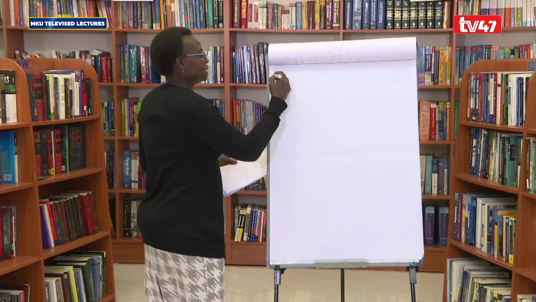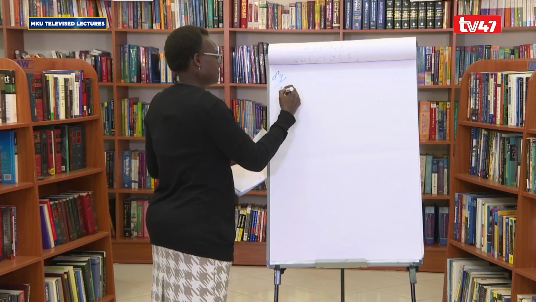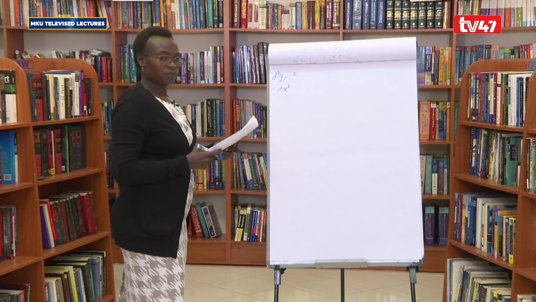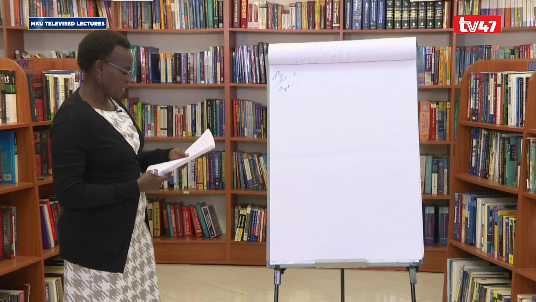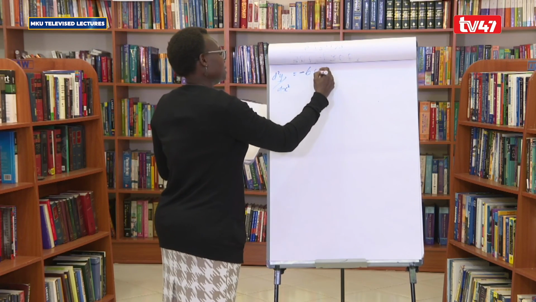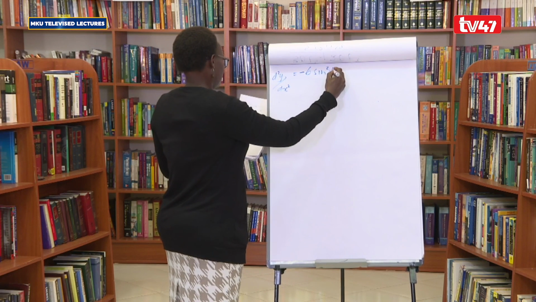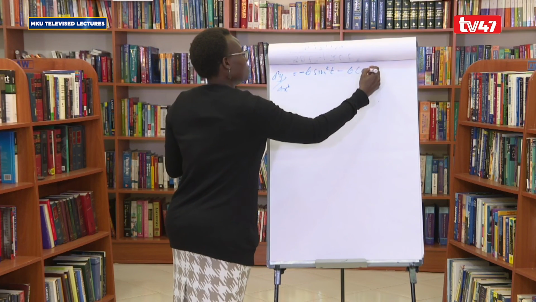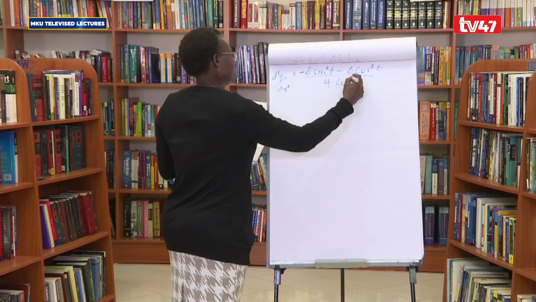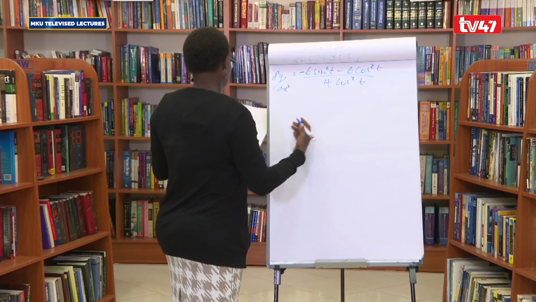Then we get the second derivative. We get the derivative of our first derivative, which is a quotient. Using the quotient rule, this will give us negative 6 sine squared t minus 6 cos squared t over 4 cos squared t.